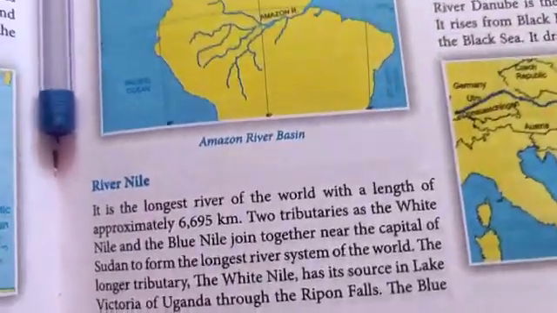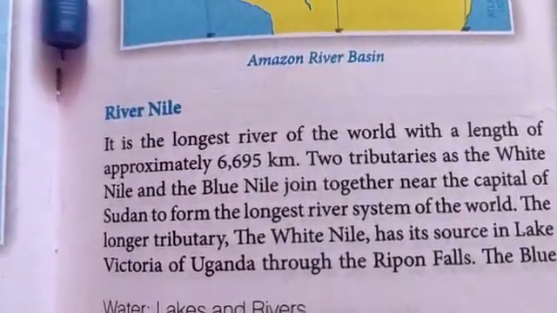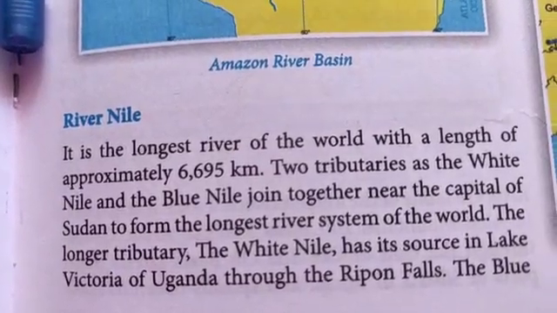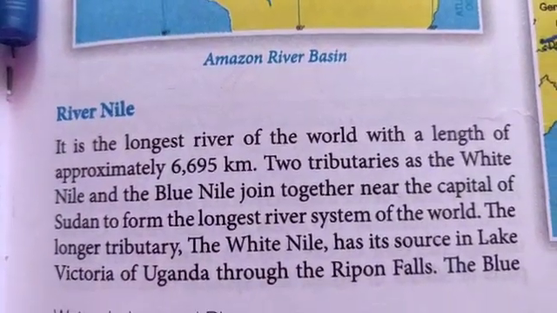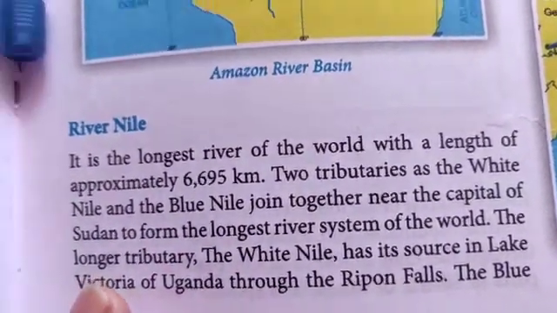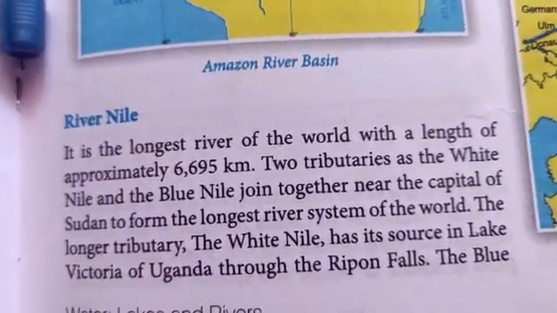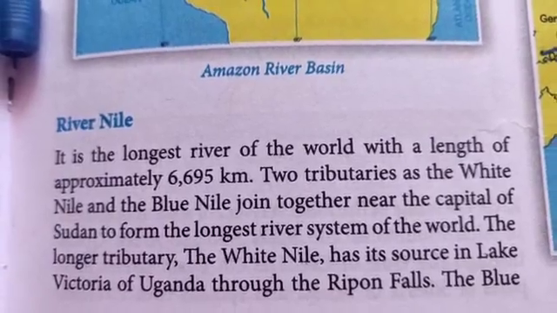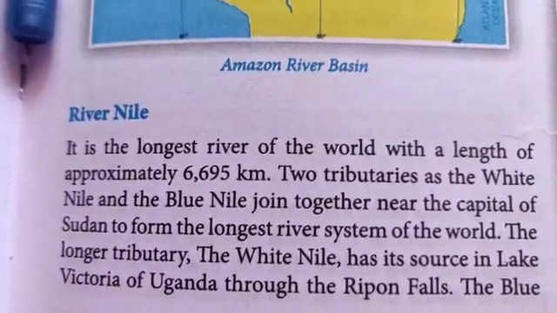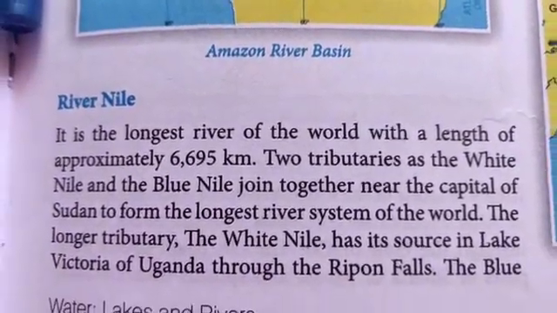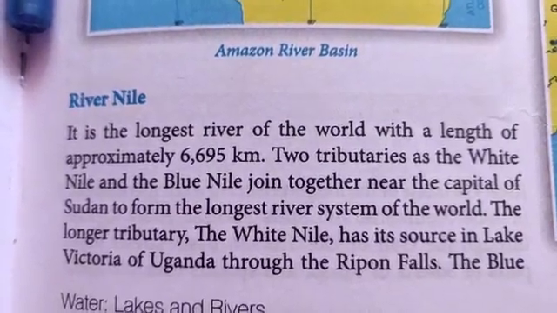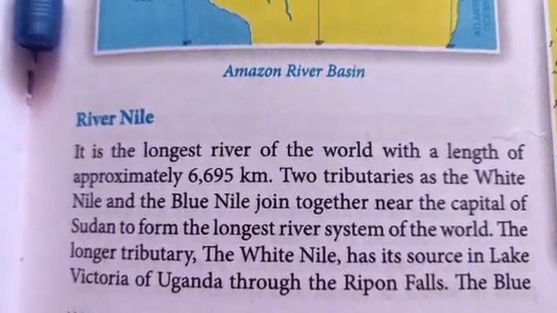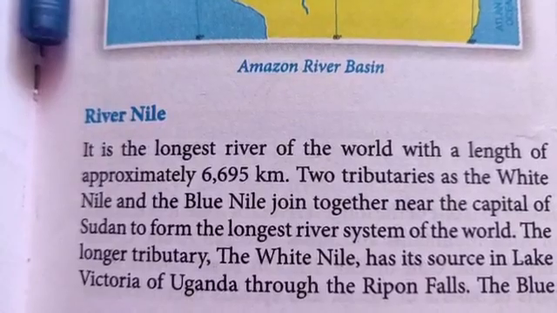Now let us quickly see the river Nile. It is the longest river of the world. Underline that, children. This you must already know, with a length of approximately 6,695 kilometers. Most important, underline two tributaries, the White Nile and Blue Nile, join together near the capital of Sudan to form the longest river system of the world.